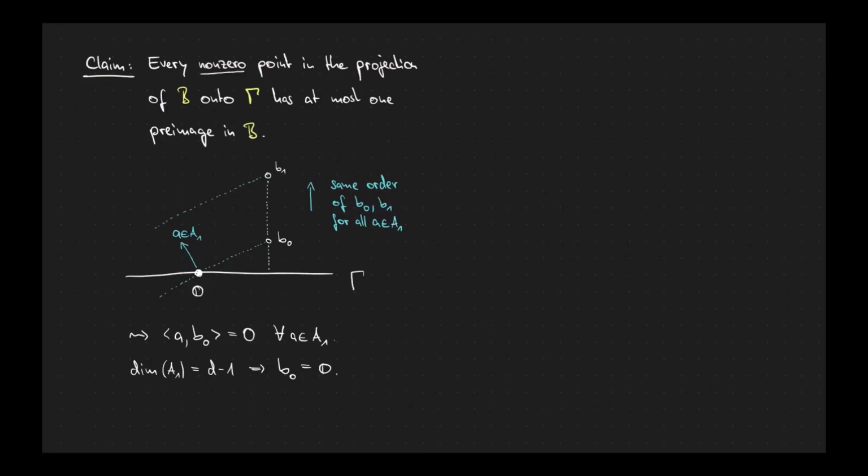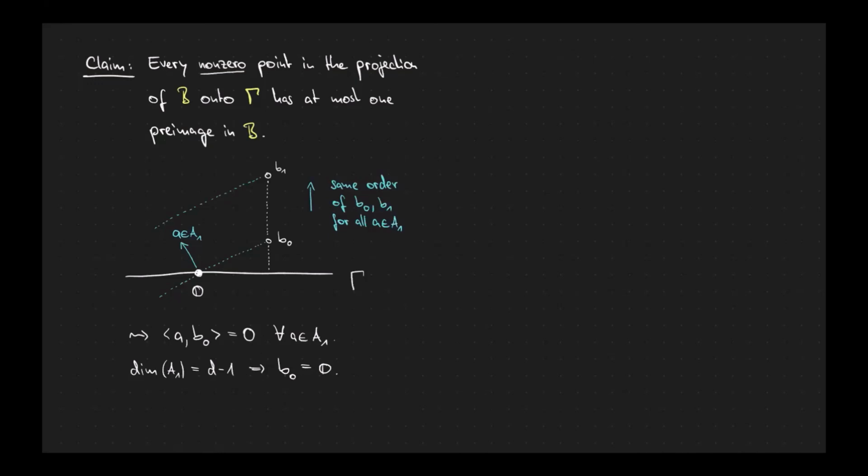And so what we can say is, maybe B0 is really the vector that has 0 inner product with A, and maybe B1 is the one that has inner product 1 with A. It turns out that no matter which vector from A1 you take, it's always the bottom one that has inner product 0 and always the top one that has inner product 1.